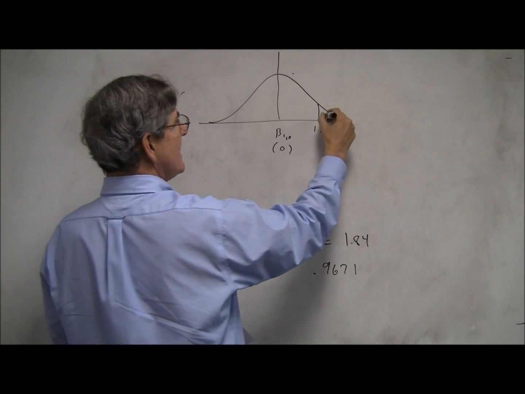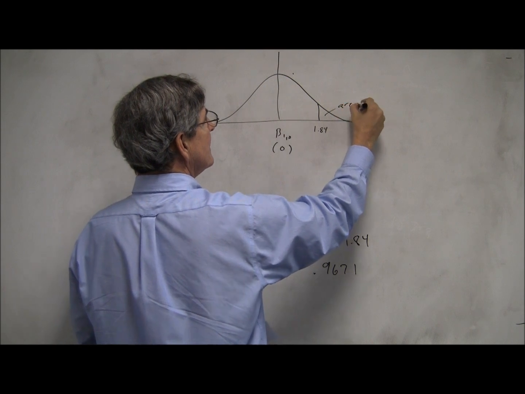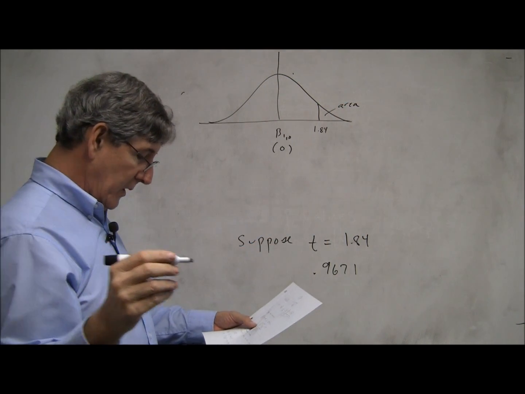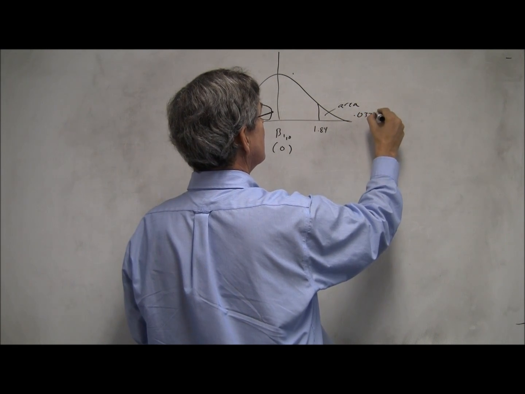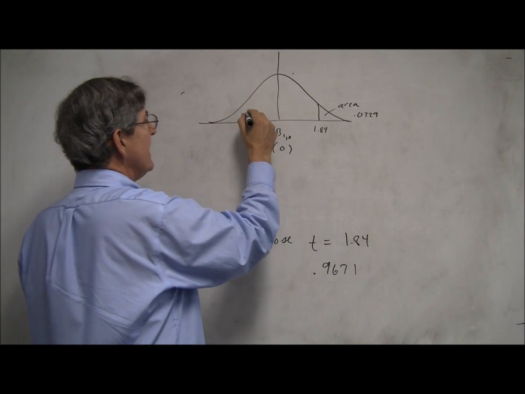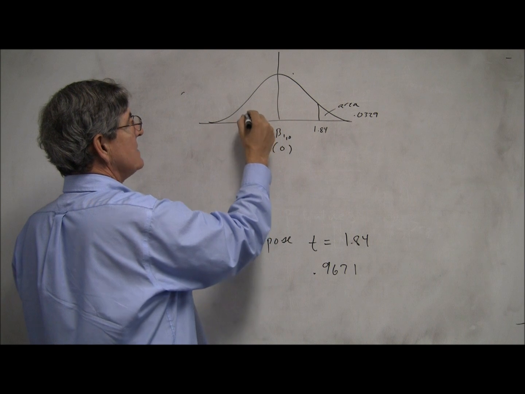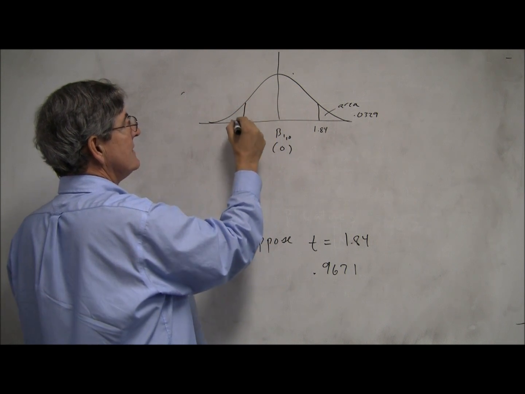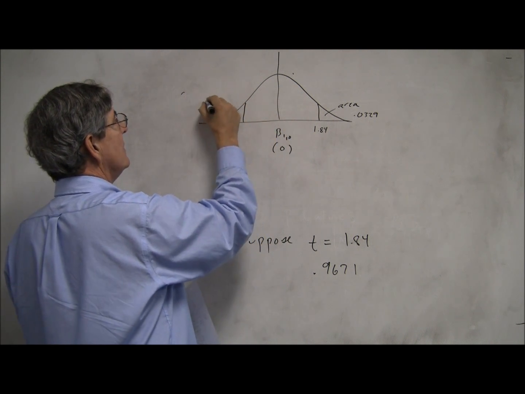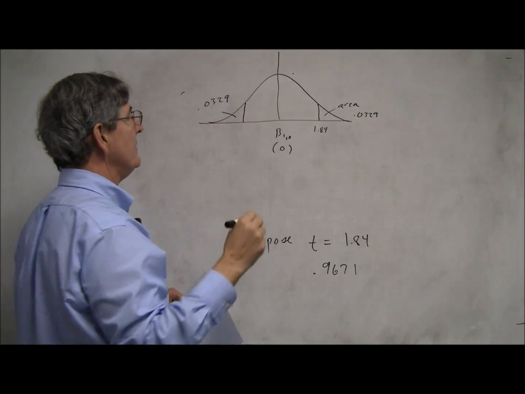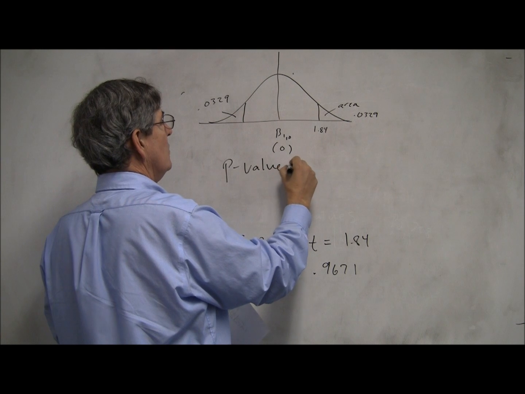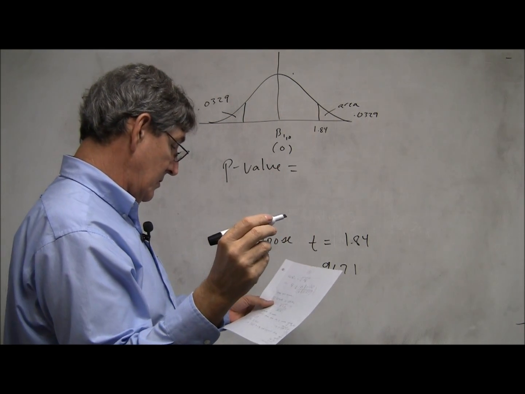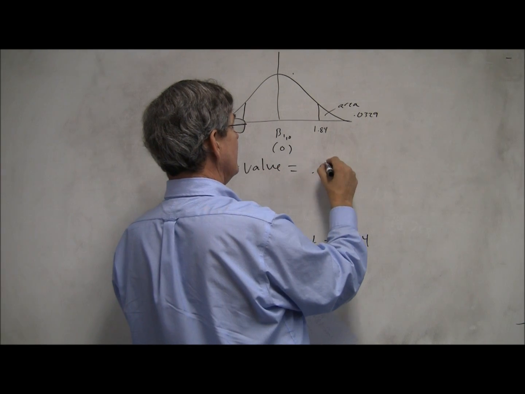So what that means is the area here is equal to 0.0329. Now we're doing a two-tailed test. And so if we were to do a two-tailed test, we'd have 0.0329 in each tail. And so our p-value in this case would be equal to 0.0658.